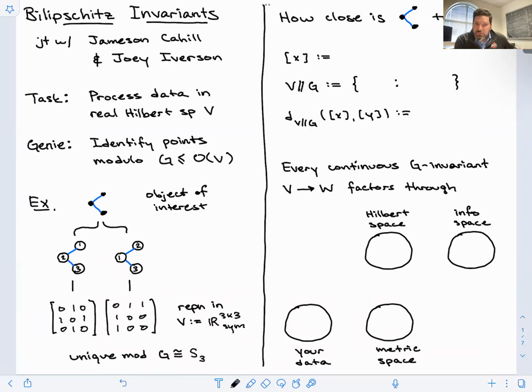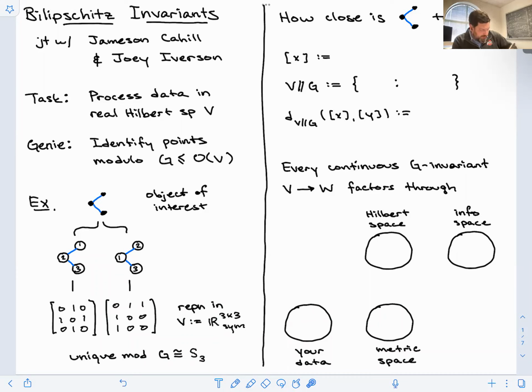So for any 3x3 permutation matrix, you can conjugate this matrix by that guy and come up with another member of this orbit. This is an example of a member of that orbit, okay? So we have this idea of representing objects as members of a Hilbert space, but that representation comes with some ambiguity. And this ambiguity is explained by the action of some orthogonal group.